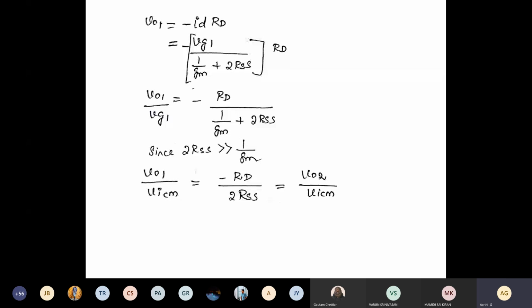So what will happen for the differential output, or the double-ended case? What will be the gain? If you just take the difference of both, it will cancel, so it will be 0.